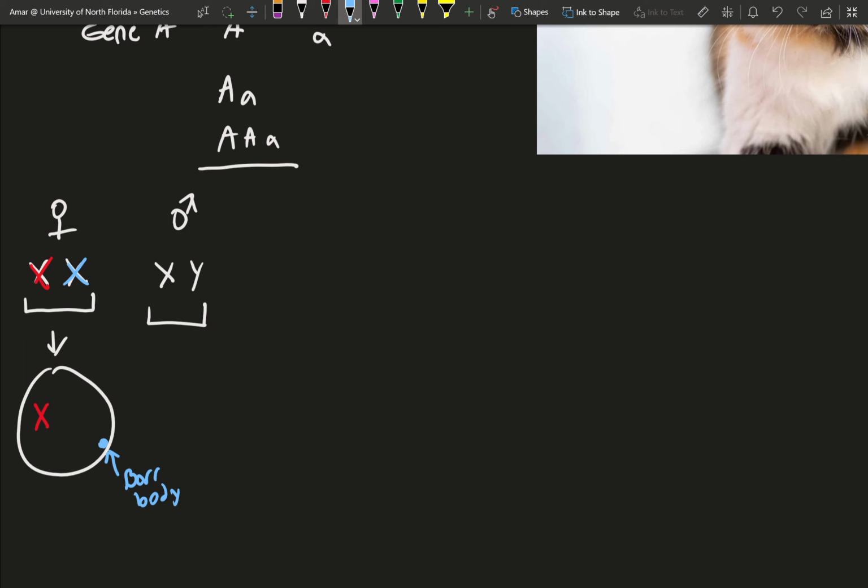And essentially by turning off one of your X chromosomes in females, you're minimizing the gene dosage effect of having two different X chromosomes, because you only really need just one copy of the X chromosome.